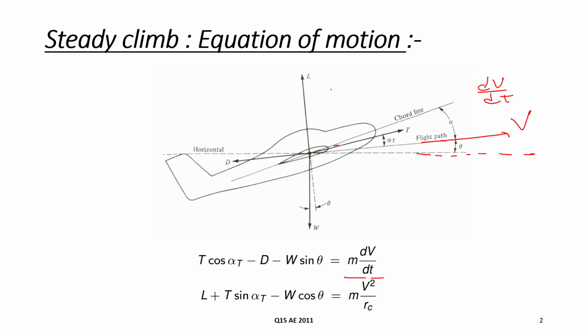Along the perpendicular direction, net force is T sin alpha T, component of weight is minus W cos theta, and this will be equal to, let's say there is slight curvature of the path with radius RC, so the force will be mV square upon RC. These are the equations of motion for the steady climb.